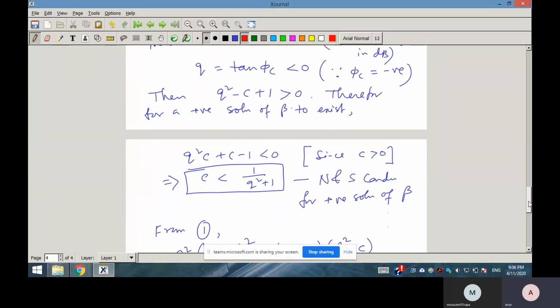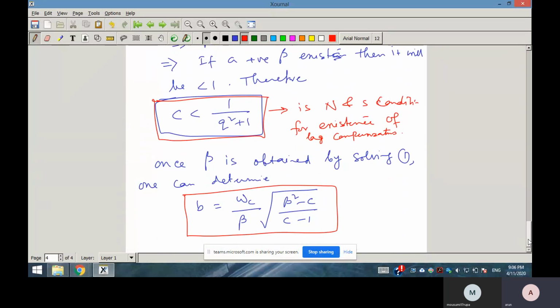Although phase lag is not desirable, we have to accept that phase lag it will provide, but ultimately overall phase margin can be improved.